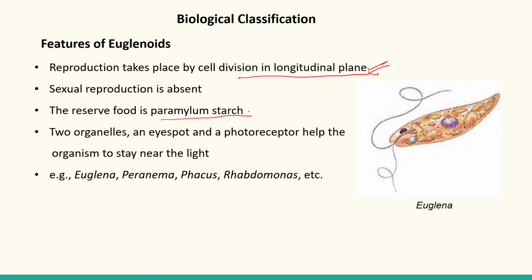Two organelles, the eye spot and the photoreceptor, are present in Euglena, and that is the organelle that helps them sense the light, and the organism moves towards the light. Euglena, Phacus and Rhabdomonas are some of the examples of euglenoids.